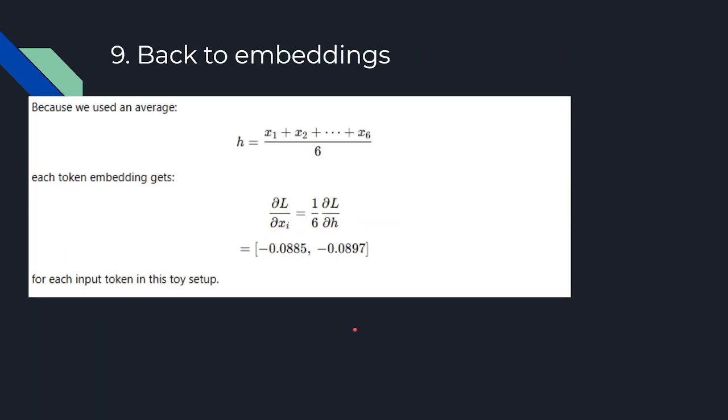And now what we are doing over here is, because we use an average, we'll take all the x1, x2, x3, and because H in turn is a function of x, and how we had calculated H, we had taken a summation of all x1 to x6, or all the values of all the tokens, and divided by 6, or just take an average. So dou L by dou x1, we're trying to reduce the loss function with x1, and this is just 1/6 of dou L by dou H. We just take 1/6 of whatever we had found for dou L by dou H, and this is this particular vector.